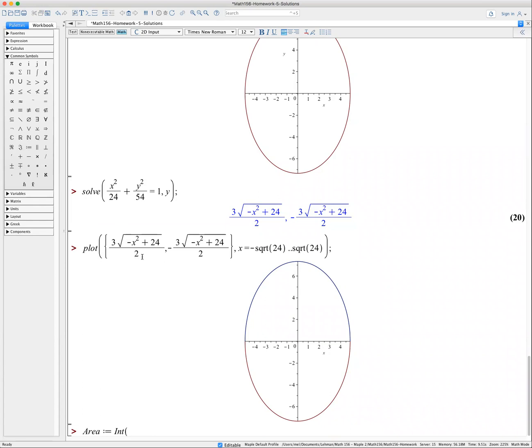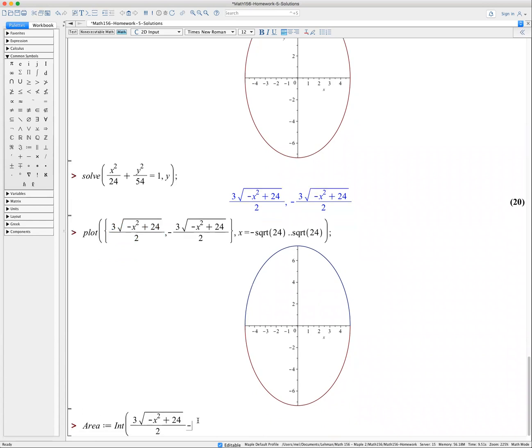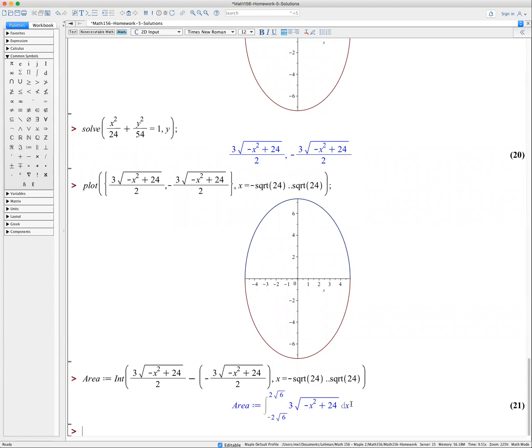So the top minus the bottom. Here to here. Right? So that is what the integral looks like.